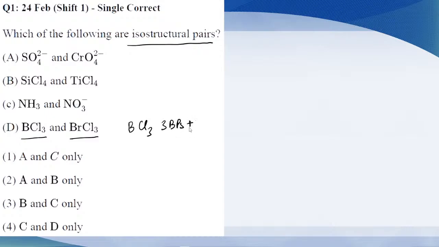How many lone pairs are there in BCl3? There is no lone pair because boron has three valence electrons. All three are used, so no lone pair. But in BrCl3, again there are three bond pairs. But how many lone pairs are there?